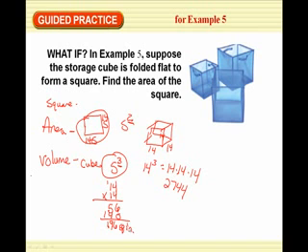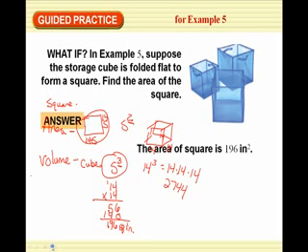So we have volume, and we also have the area when it's folded flat. When it's folded flat, it's just a flat square. So 196 inches squared. Sorry I didn't have example 5 in there, but we kind of made do. It was the same one that goes with the guided practice. So that's it, I believe. That's all. We'll see if I got it recorded.